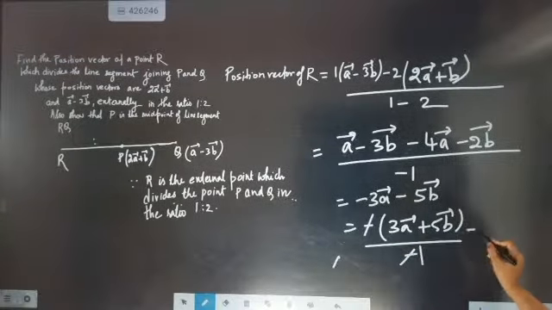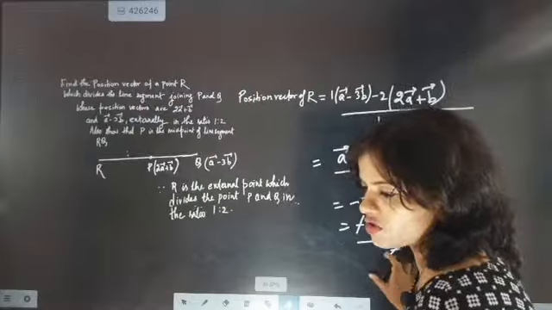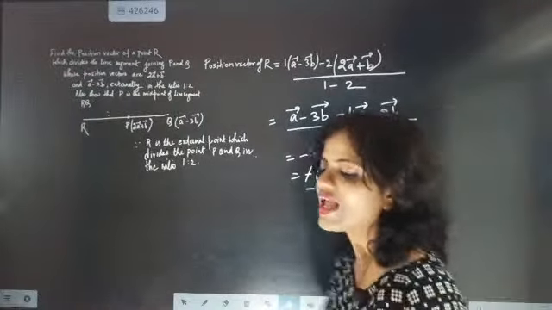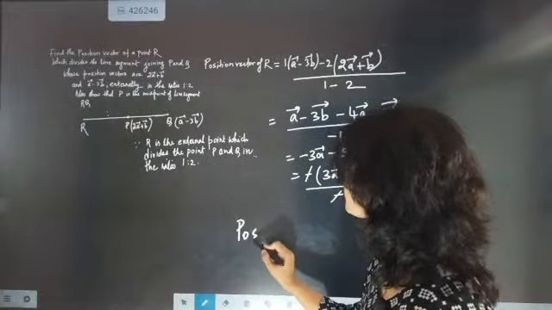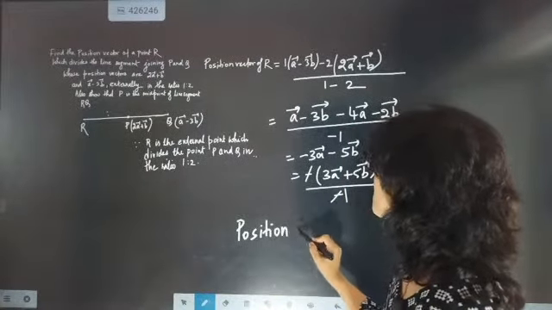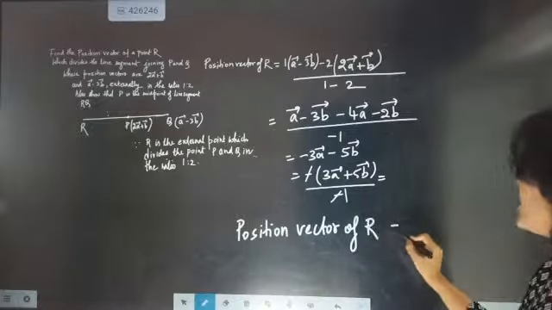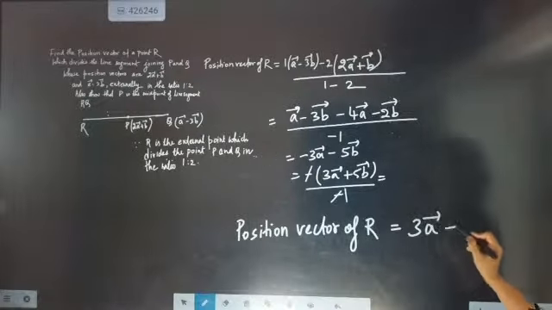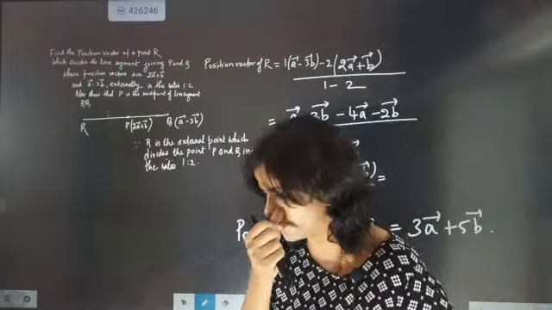So minus minus cancel. So position vector of R is coming as 3A vector plus 5B vector.